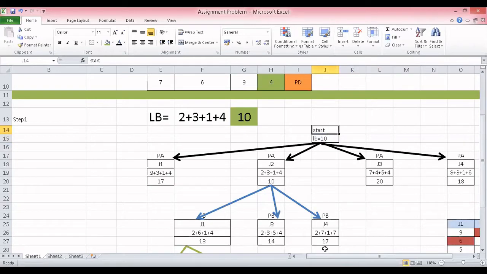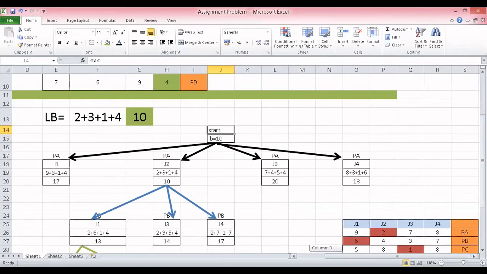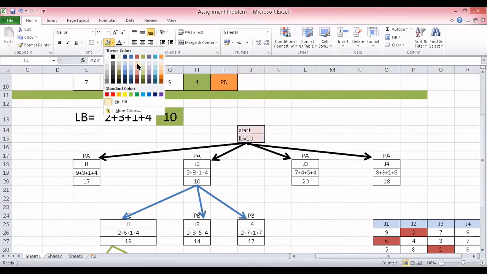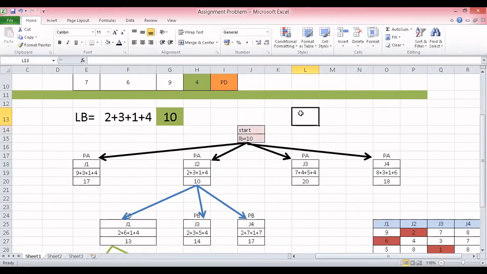At the starting point, I have not assigned any job to any person. The lower bound I am taking as 10. One by one, the boxes which I finish, I'll highlight with a color so that you will come to know where I am. So I am now at the starting point where I have not assigned any job to any person, and I have the lower bound calculated as 10.